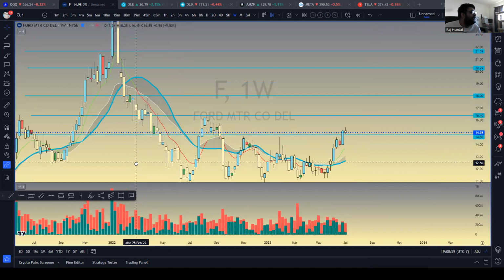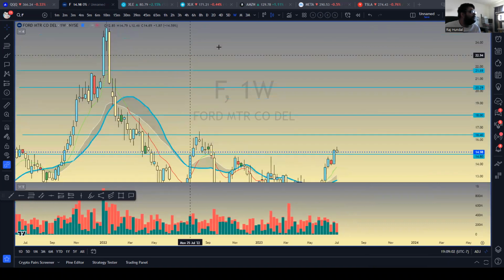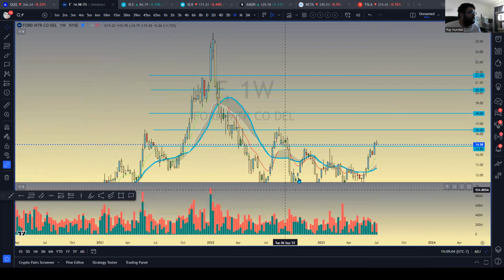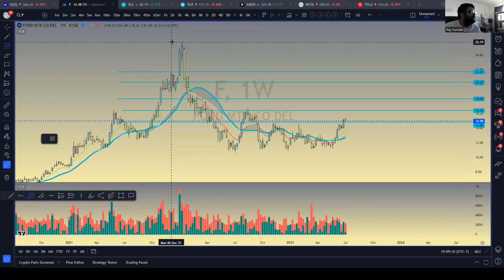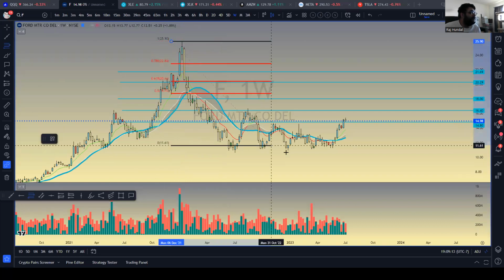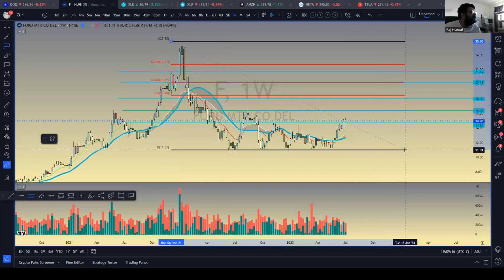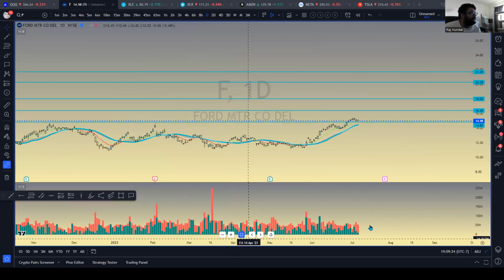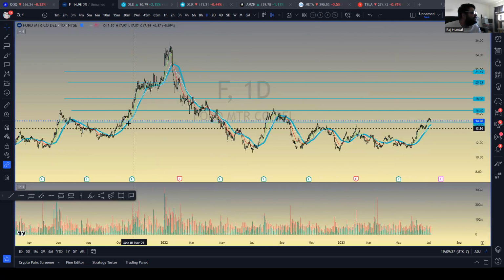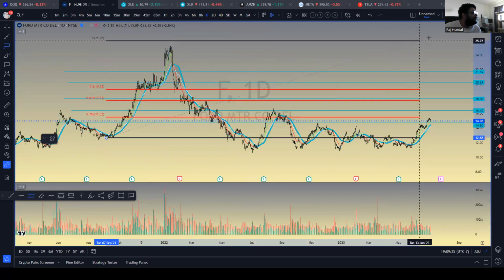I have my fib up, and I also had another Fibonacci drawn from this swing high to this swing low. I don't know where, I have it somewhere. Hold on.